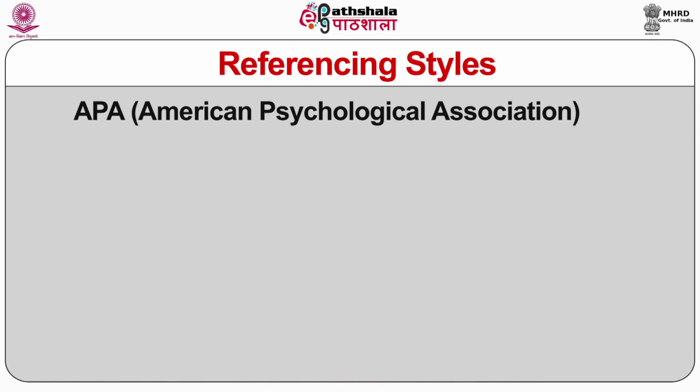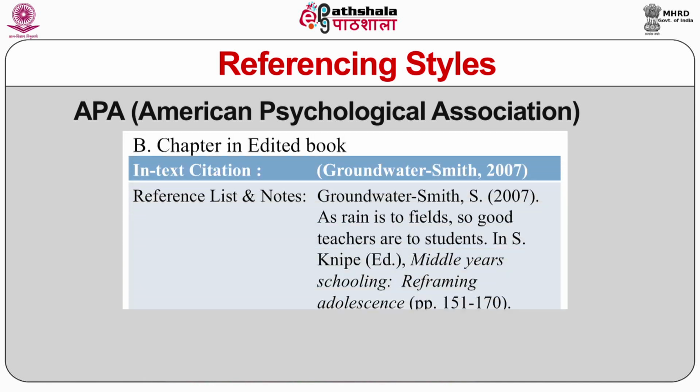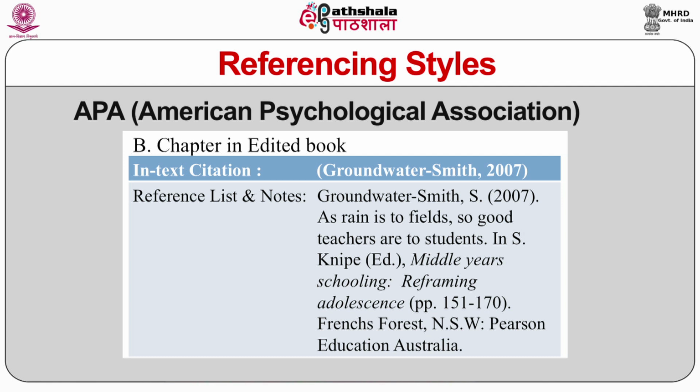In case you have a chapter in an edited book, the in-text citation will be the name, comma, the year, and at the end of the document you have again the last name or the surname, comma, the first initial, the year within brackets, 2007 here, then the title, As Rains Is to Fields, So Good Teachers Are to Students.